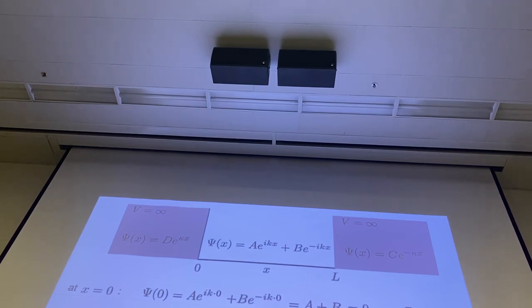Let's look at point L, which is the other end of the track, where I have the same condition, because also there the amplitude of the wave function must go to 0. So I'm going to use my new form now, and say, when x equals L, this thing must also be 0. I'm going to take the a out, so I'm going to write it as such. And again, look at this. This looks like a sine function, right?